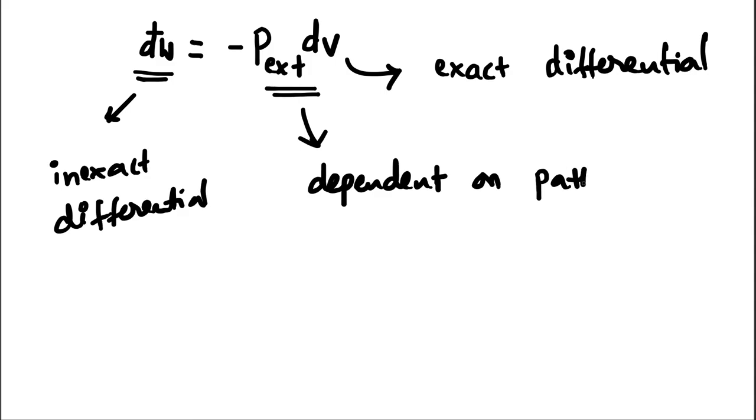Remember, this is not the pressure of the system, this is the external pressure. So this external pressure can be varied depending on the path we follow.